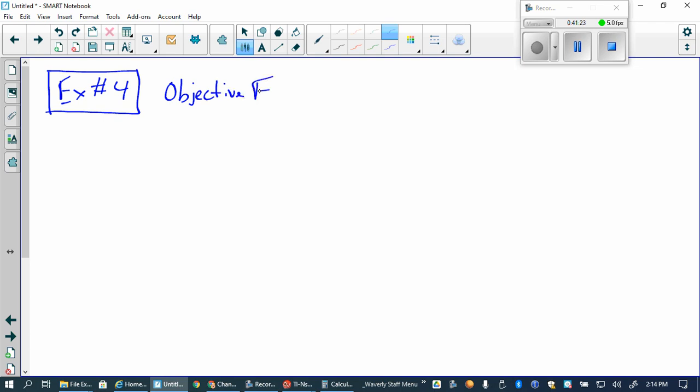The objective function will be cost, and what we want to do is optimize that. In this case, we want to minimize it. So let's write the cost function.